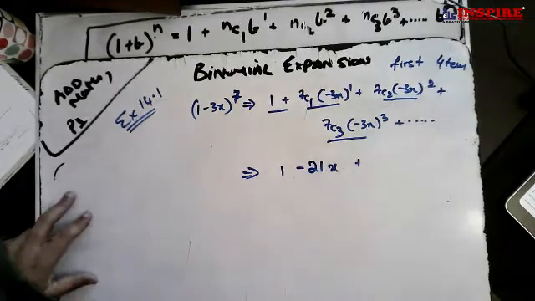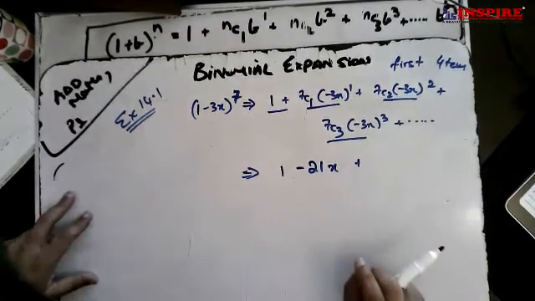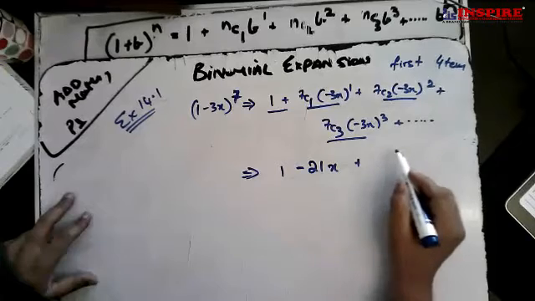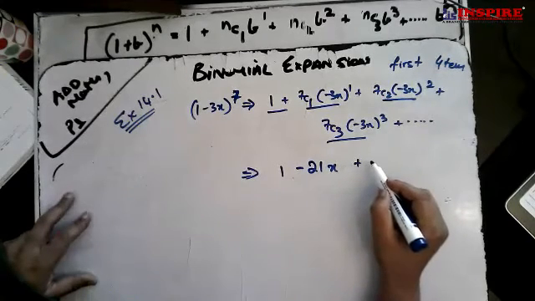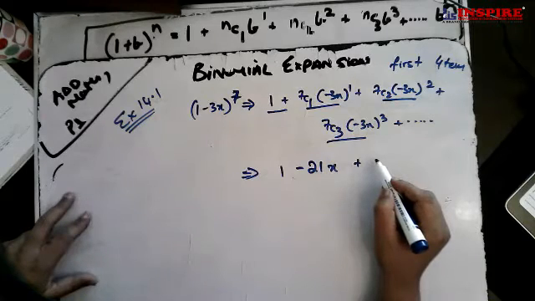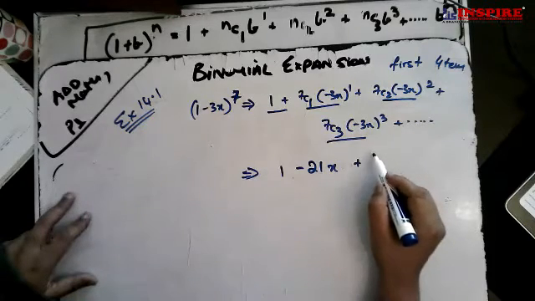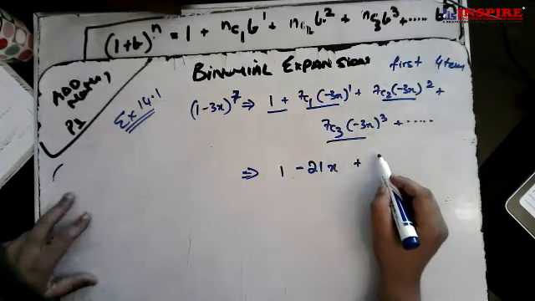Observe, what is the value of 7c2? Sir, 28. Done. 7c2 is 21. 21 into 9 is 189.